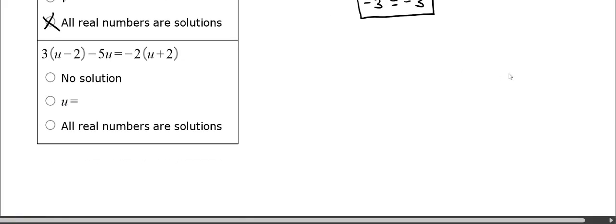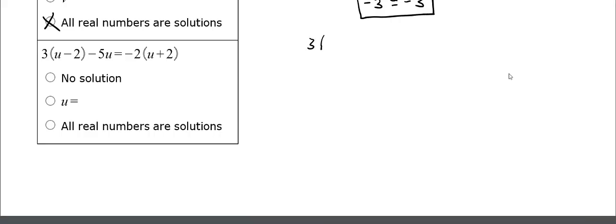Here we have 3 times the quantity u minus 2 minus 5u equals negative 2 times the quantity u plus 2. So again, one side at a time. So we're going to start by distributing.